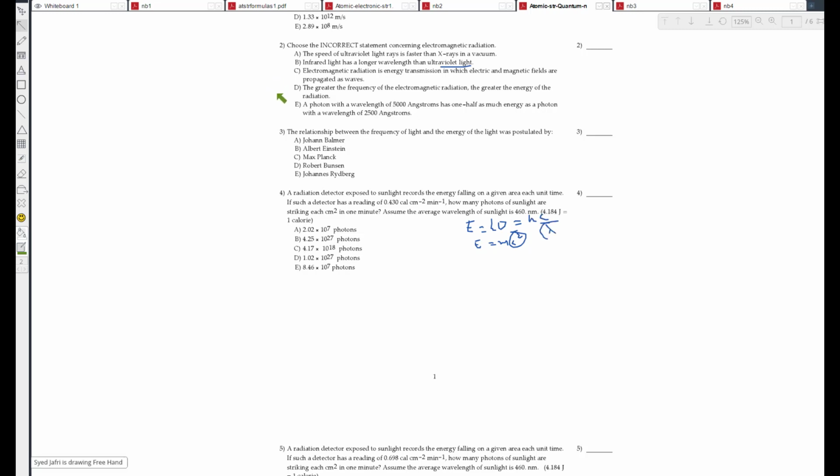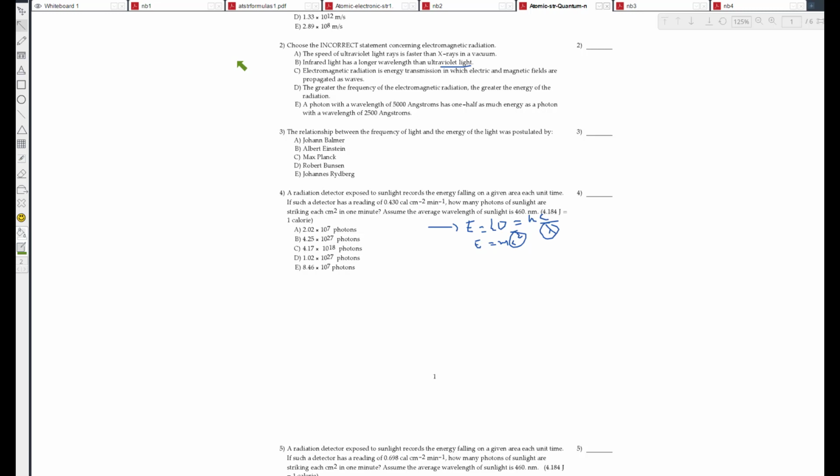This means shorter wavelength, more energy; longer wavelength, less energy. That's why B is correct. Electromagnetic radiation is energy transmission in which electric and magnetic fields are propagated as waves. That's right. The greater the frequency of the electromagnetic radiation, the greater the energy, according to E equals h nu, because they're directly proportional. Okay. Yes.